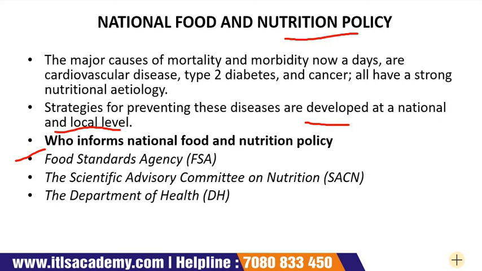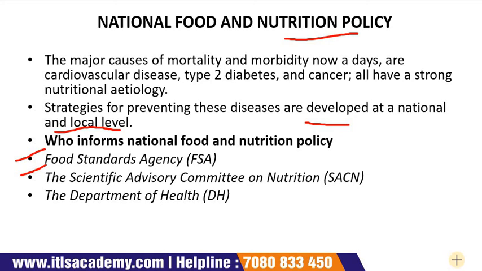The next body is the Scientific Advisory Committee on Nutrition, the SACN. In the past, from 1963, the government relied on expert advice on nutrition from COMA, the Committee on Medical Aspects of Food and Nutrition Policy, which produced a series of reports that were used to inform nutritional policy.